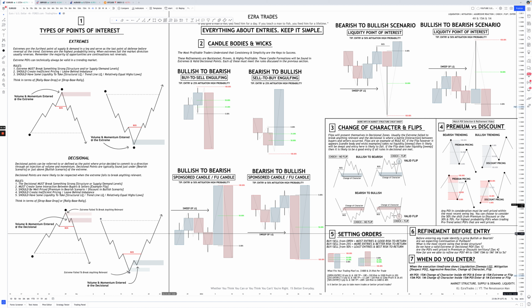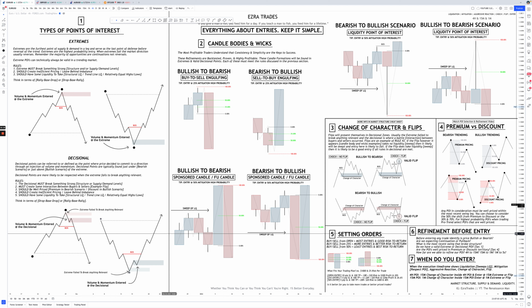And how far are we able to refine our POI? From the 4-hour point of interest, we should be able to refine down to the 15-minute. Can we refine a 15-minute to the 1 minute? Can we refine the 1 minute to the 5-second, right? So those are all questions you should ask yourself before entering. You should have that kind of understanding. Now, the next thing is, when do you enter, right?